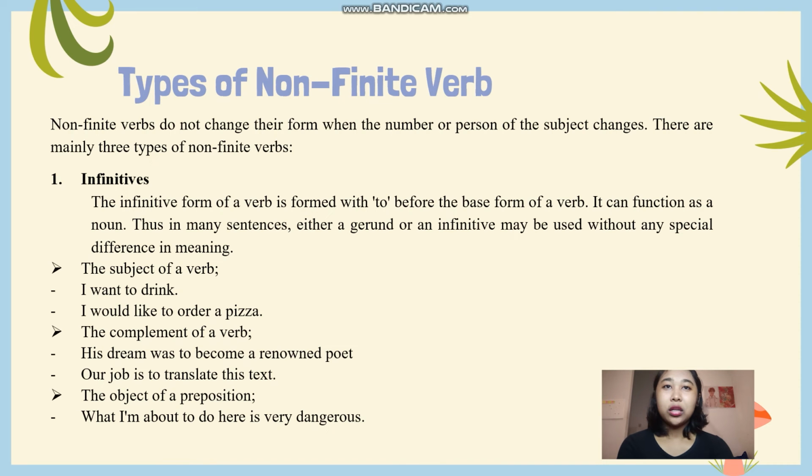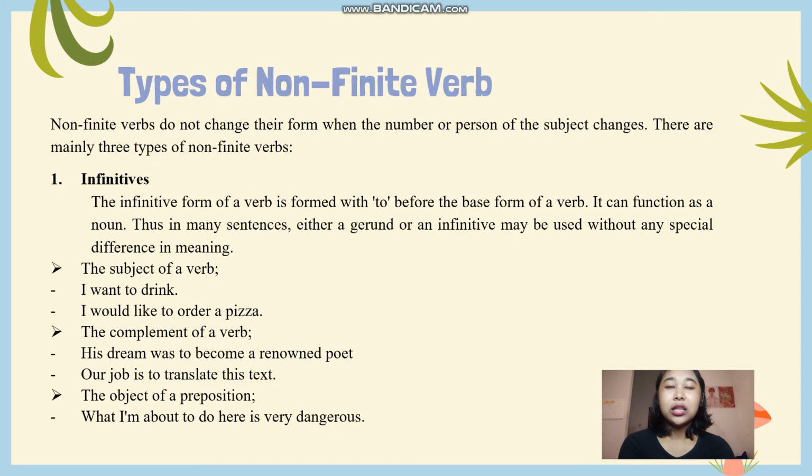Types of non-finite verb. Non-finite verbs do not change their form when the number or person of the subject changes. There are mainly three types of non-finite verb. One, infinitives.